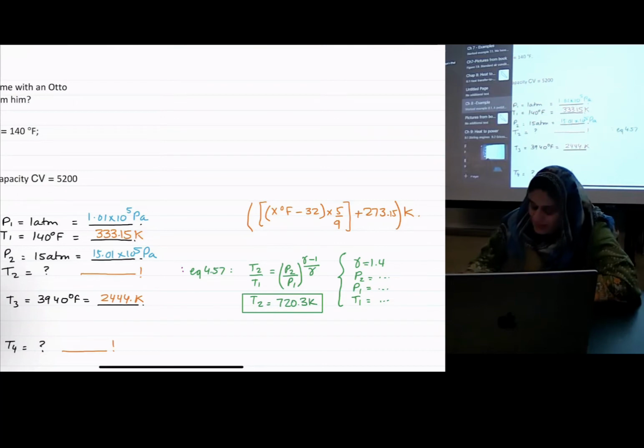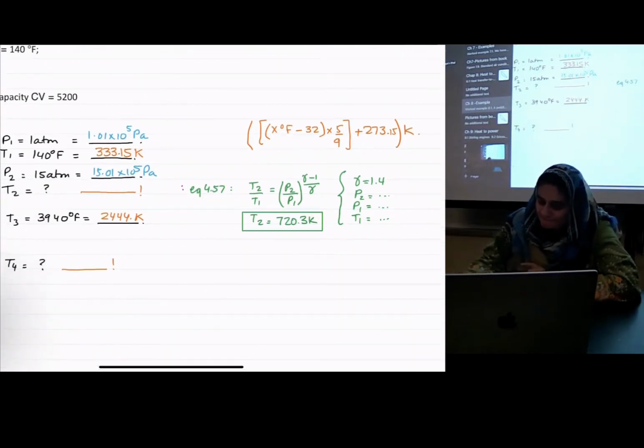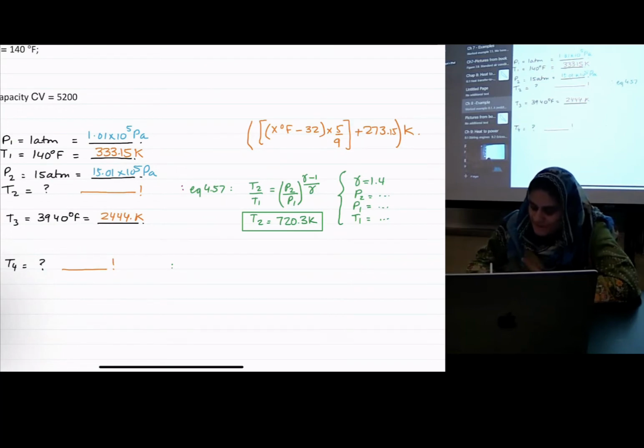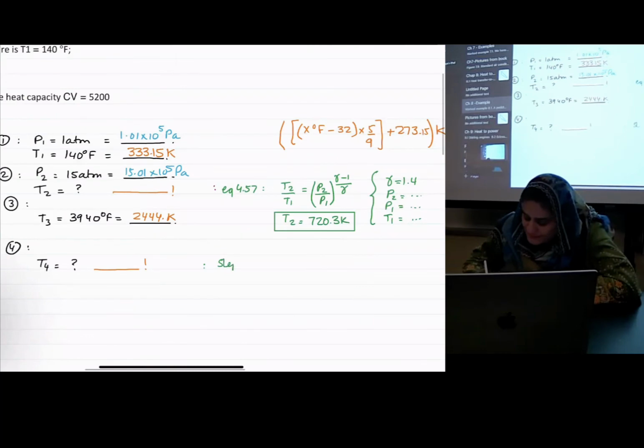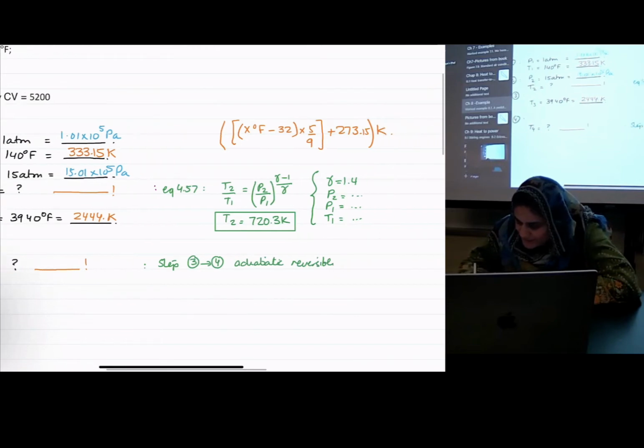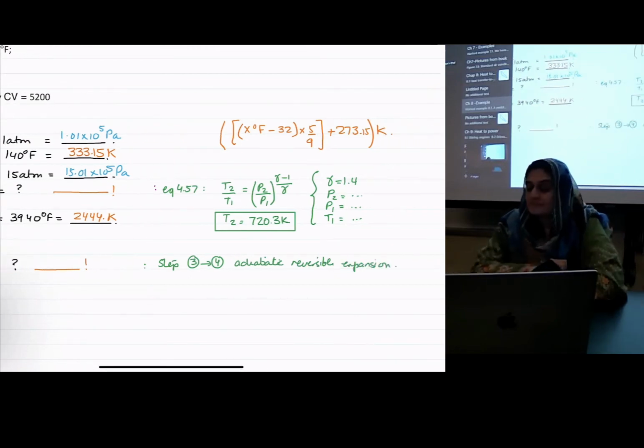Excellent. And now how do I find T4? From step 3 to 4, we said it was adiabatic reversible expansion. And they give us, these are the same.